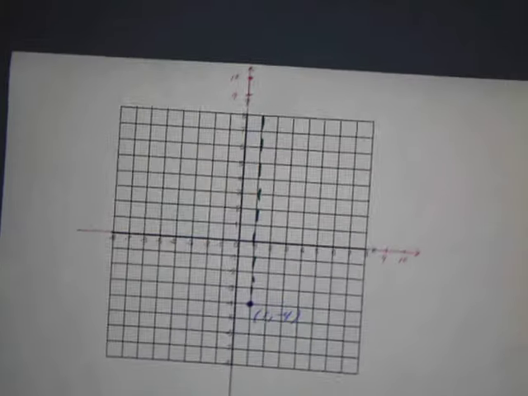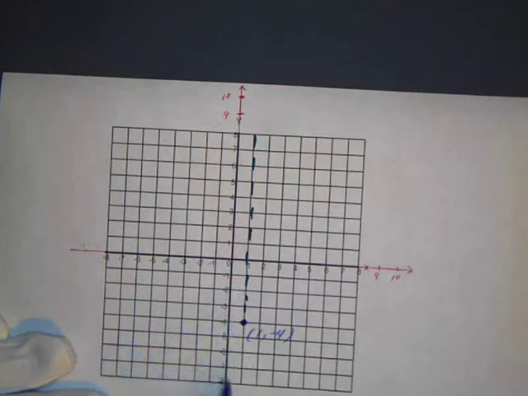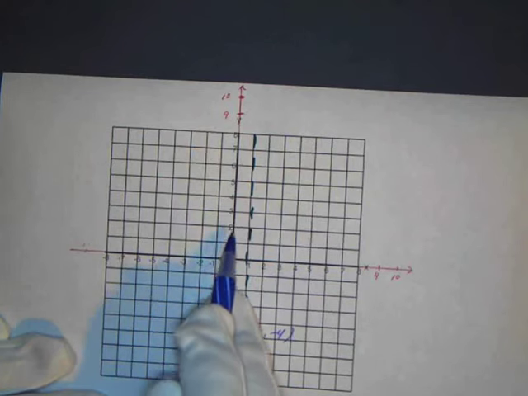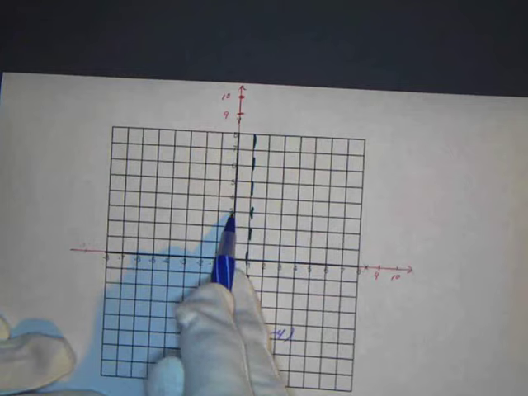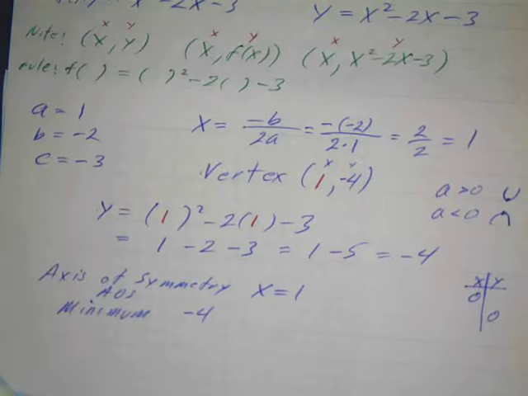You can see this on the graph: any point on this y-axis has an x value of 0. 0, 0; 0, 1; 0, 2; 0, 3. So the y-intercept will be when x is 0.